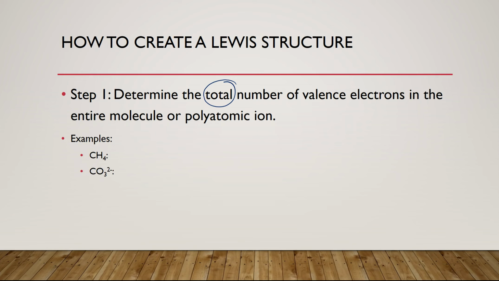So methane is a molecule composed of one carbon, which has 4 valence electrons. That's information we get from our periodic table. Carbon is in the column that has 4 valence electrons. Then we have 4 hydrogens.